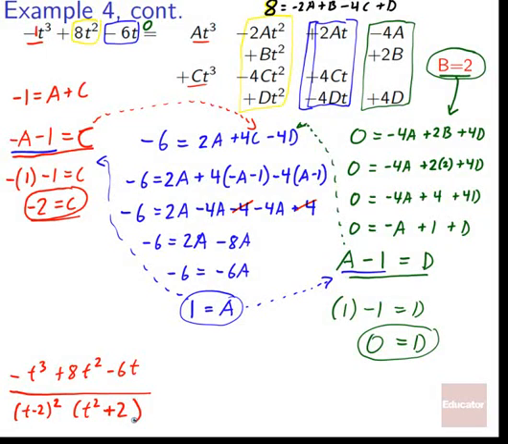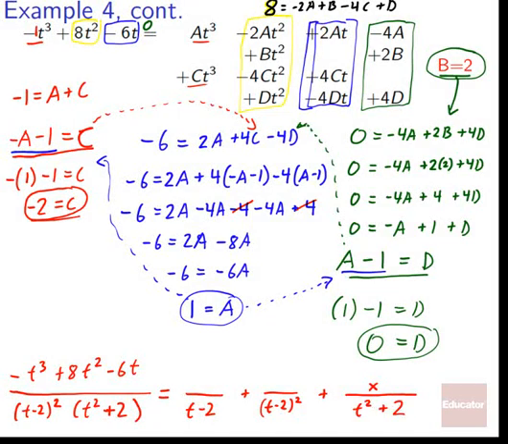Okay, so that's the case. We had that as something over t minus 2. It was a over t minus 2 plus b over t minus 2 squared plus cx plus d, right? Cx plus d over t squared plus 2.